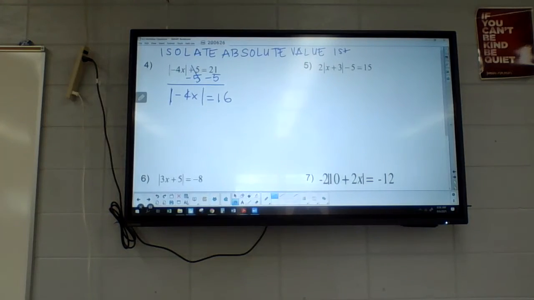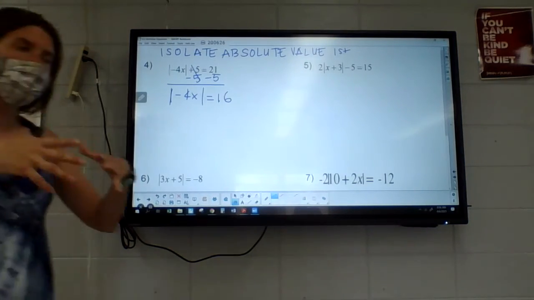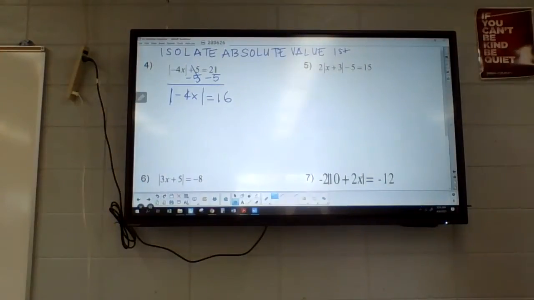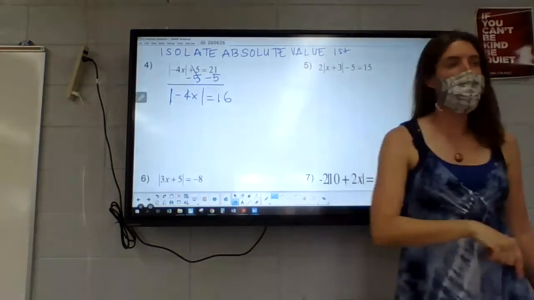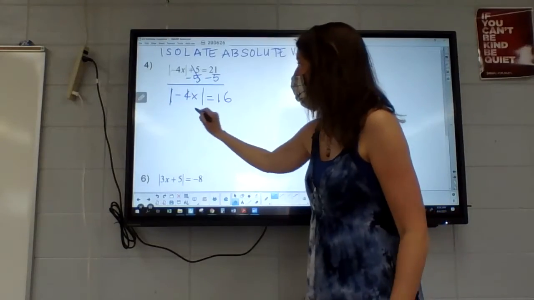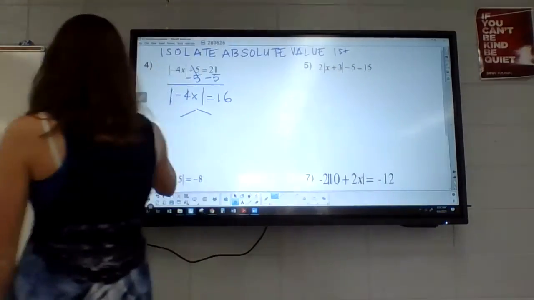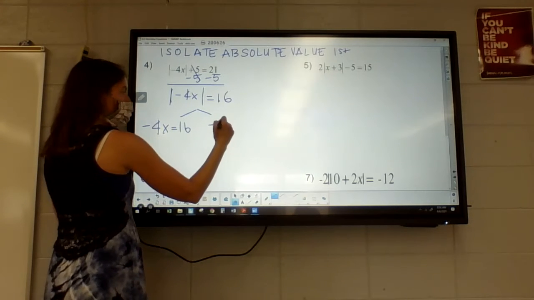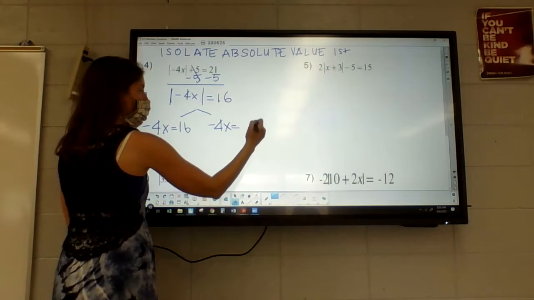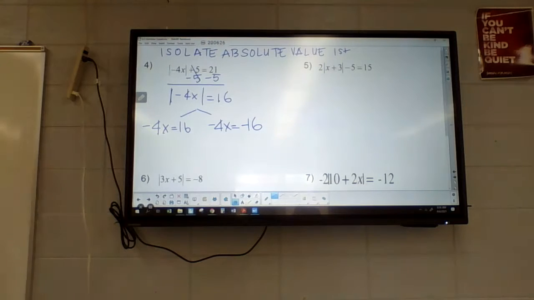Now I have that absolute value isolated, so now this is where we can think about that hard idea, where what's underneath here could either equal 16 or negative 16. So now I'm going to set up my two equations. So negative 4x equals 16 or negative 4x equals negative 16.